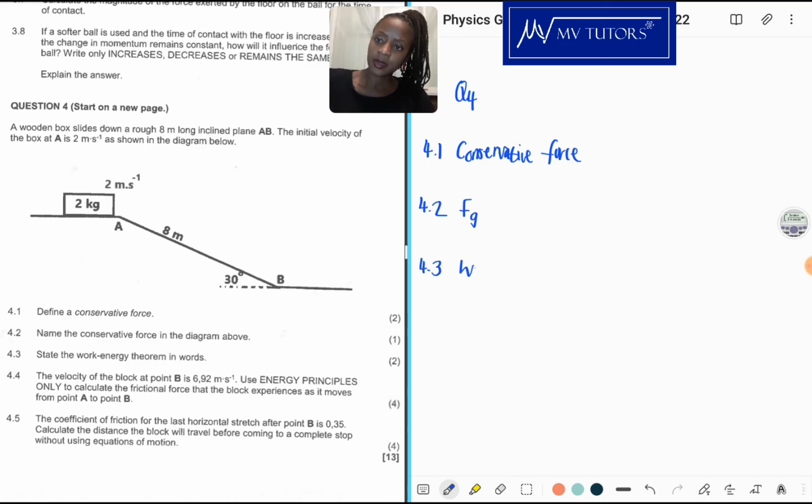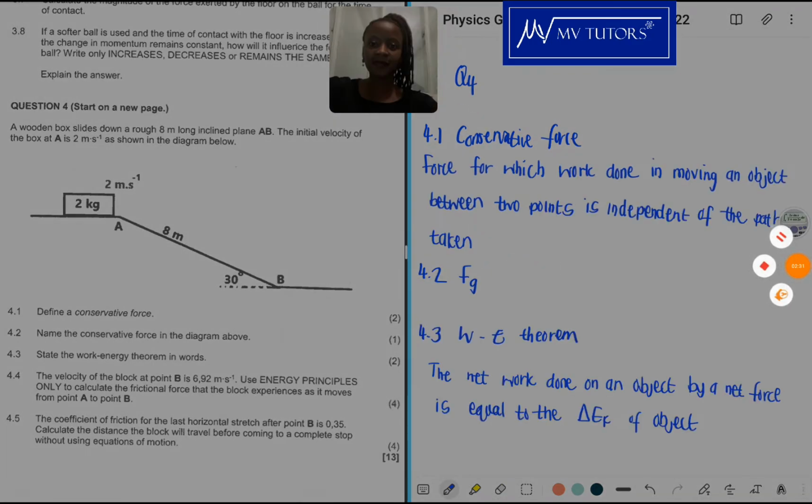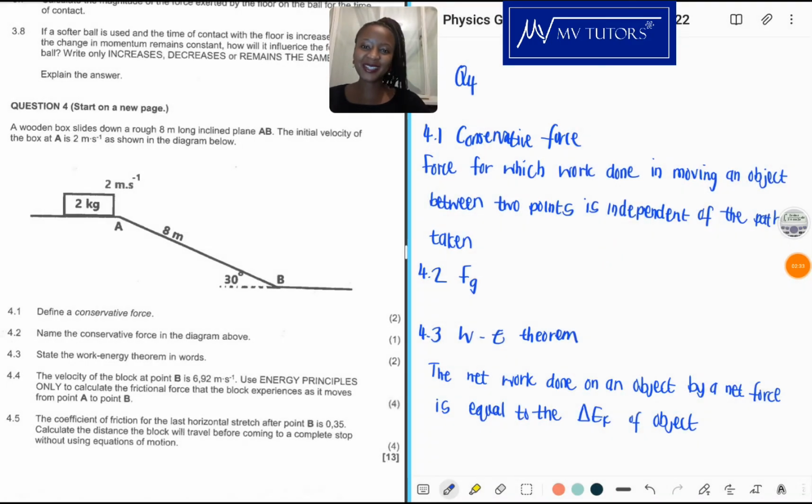Okay, work energy theorem. I decided to just write down the definitions and not leave you out in the cold.